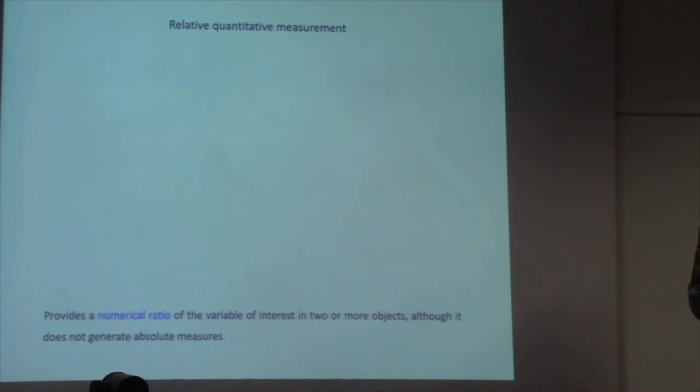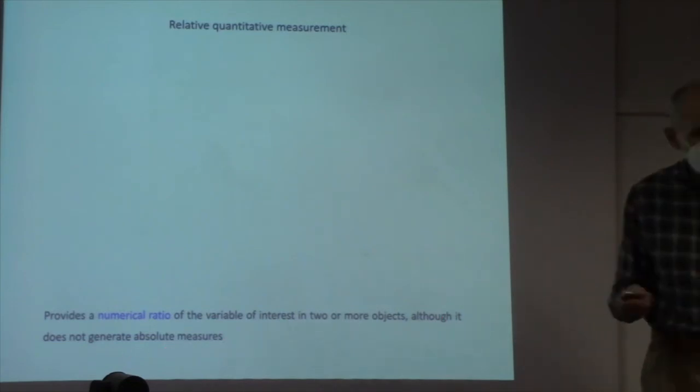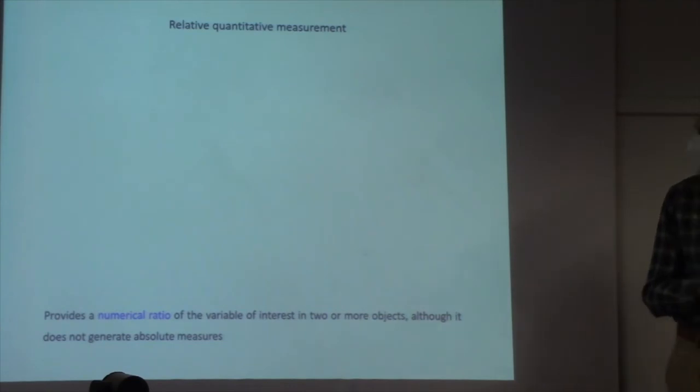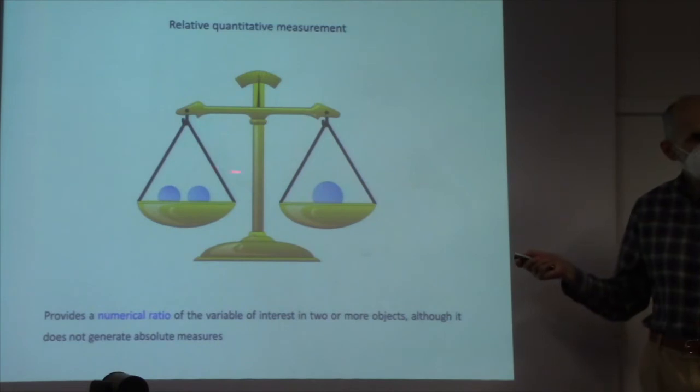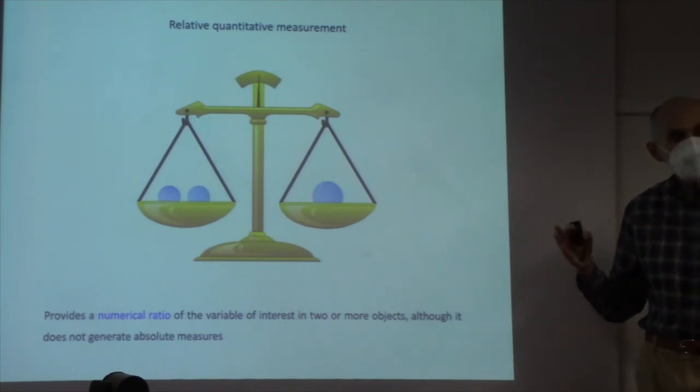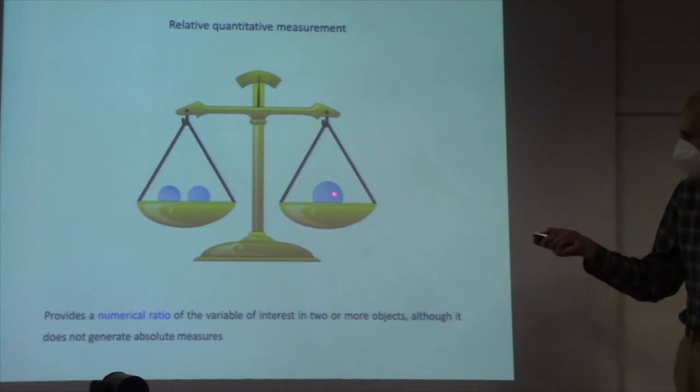Here we have numbers, and the numbers are a ratio of the variable of interest in two or more objects, although it does not generate absolute measures. So what does it mean? This is an example. We can tell that this larger ball weighs exactly twice as each small ball. Okay. We don't know the weight of any of the balls here, but we can compare them. We can say that this one weighs twice as much as this.